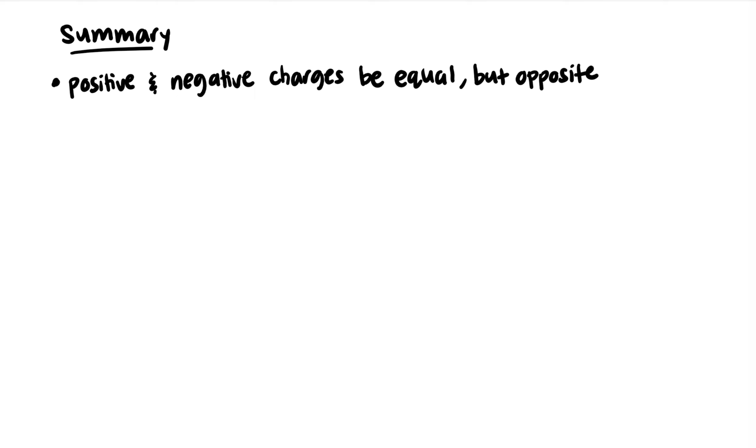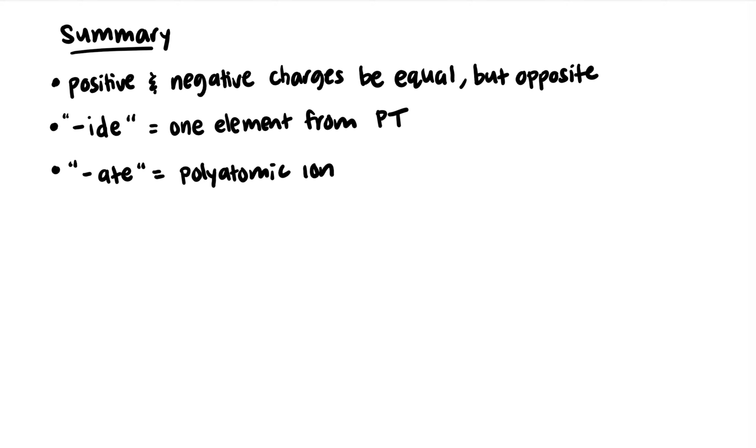So in summary, for ionic formula writing, positive and negative charges of those ions must be equal but opposite. If you see "ide," more than likely it's that one element from the periodic table. Just be careful, there are a couple polyatomic ions that end in "ide," but 98% of the time you see "ide," it's one element from the periodic table. If you see ATE, that's a polyatomic ion.